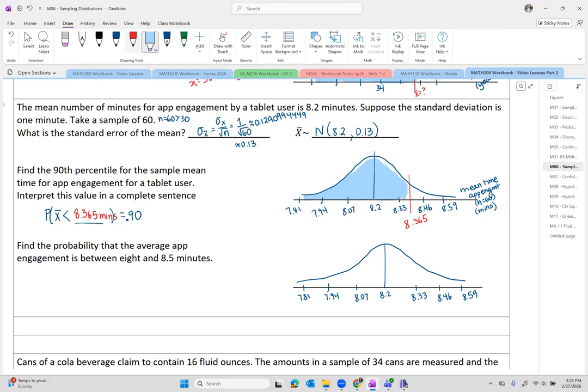For this current question, we want between 8 and 8.5 minutes. So this is 8 over here. 8.5 is approximately here. And they are asking us to find the probability within this area.